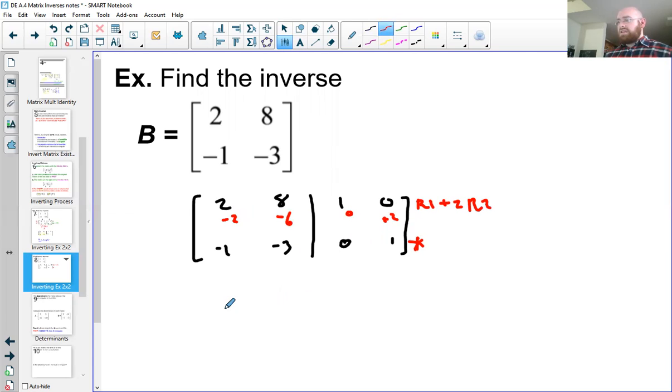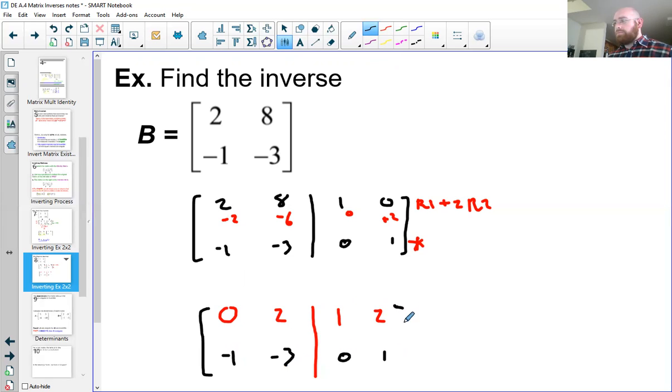So now on the next line, I have 0, 2, 1, 2. Our bottom row is still -1, -3, 0, 1. Guess that really should have been a black line as well.